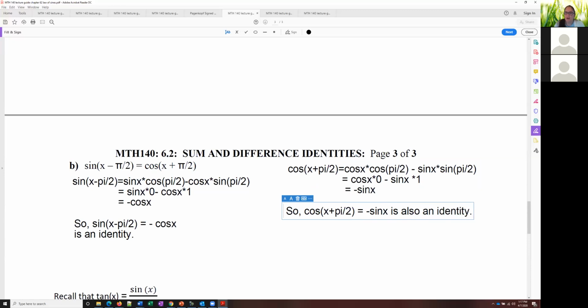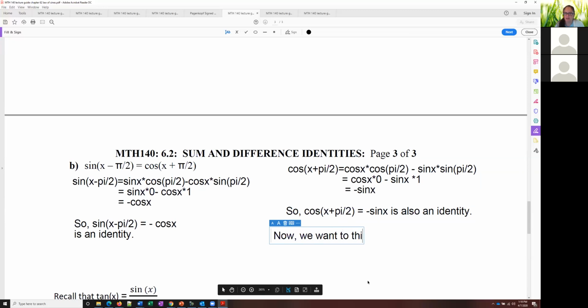So that's another identity. But now, are these two things equal to each other? Is the negative cosine x equal to negative sine x? That's our real question at this point, because we've simplified both sides of our original equation. Now we want to think about whether negative cosine x equals negative sine x is an identity or a conditional equation.